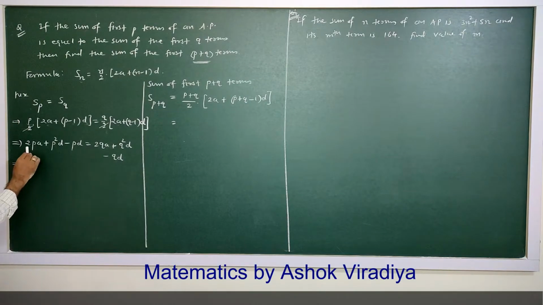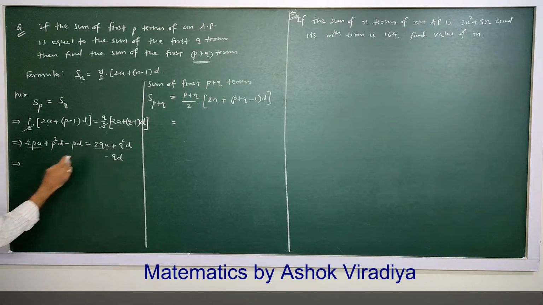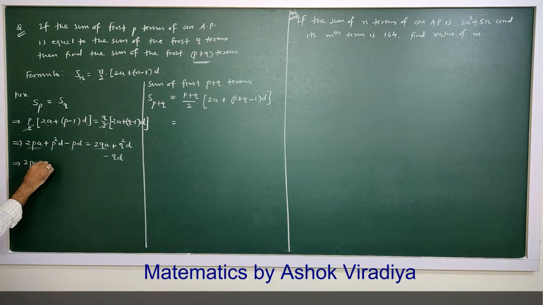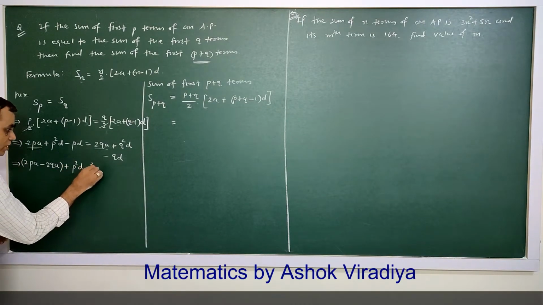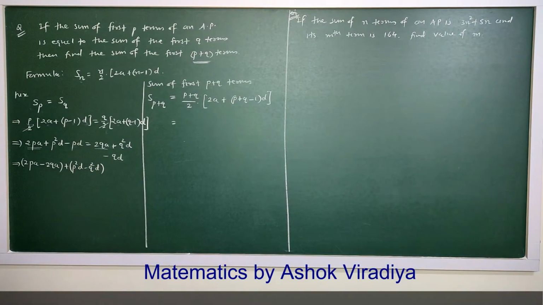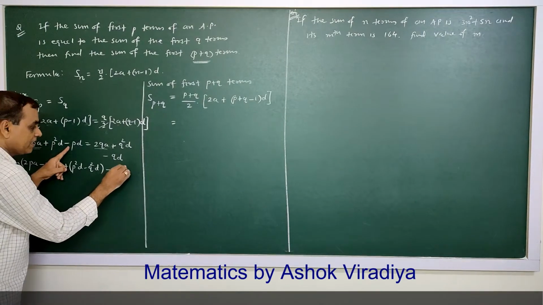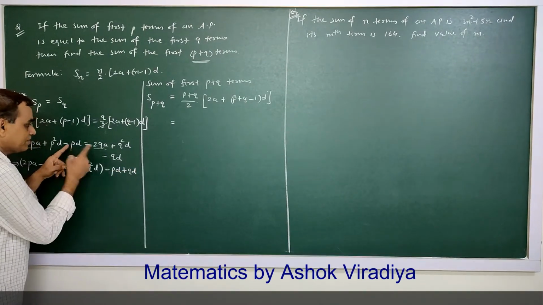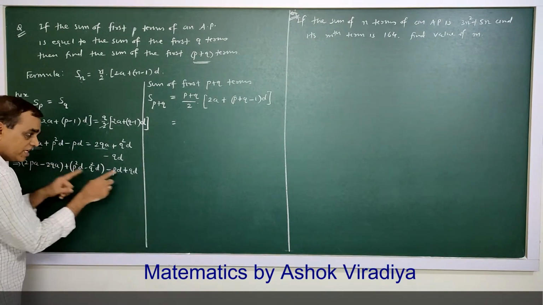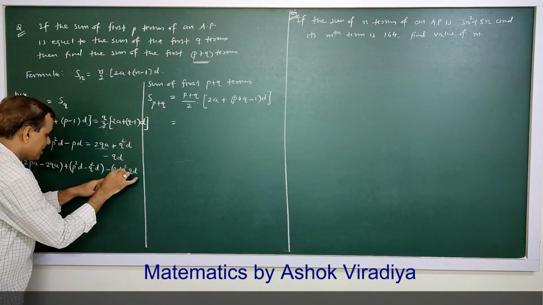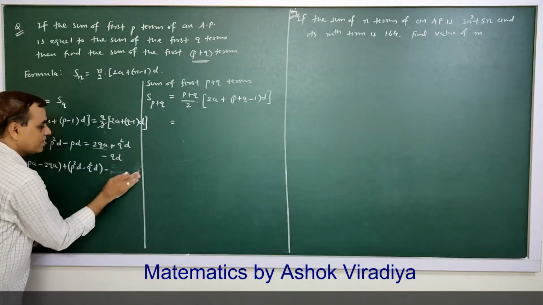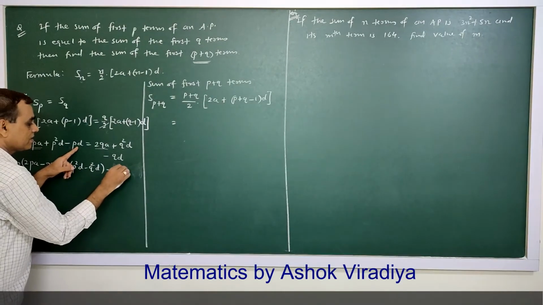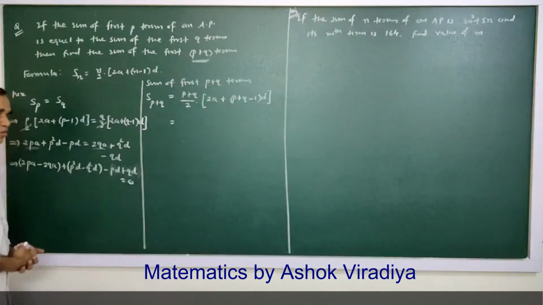So here 2pa, this is 2qa, so 2pa minus 2qa, put in bracket, plus p square d minus q square d, minus pd plus qd, equal to 0.